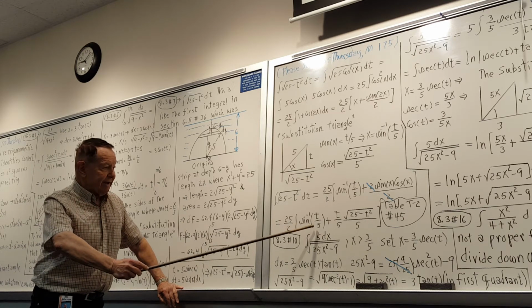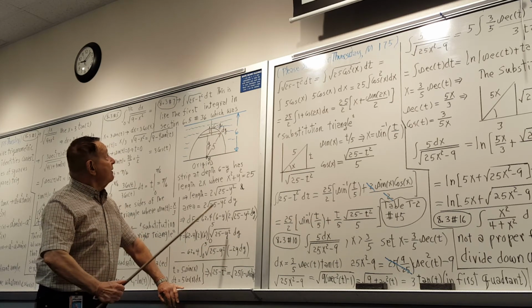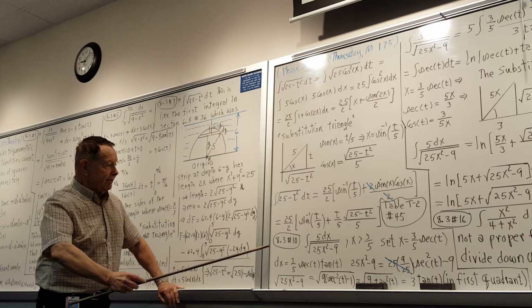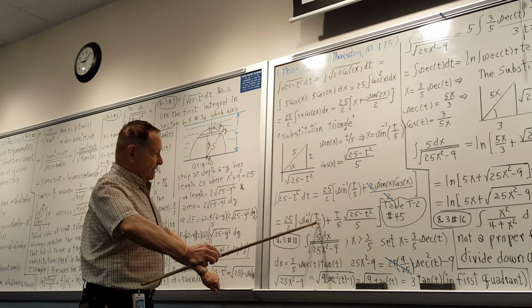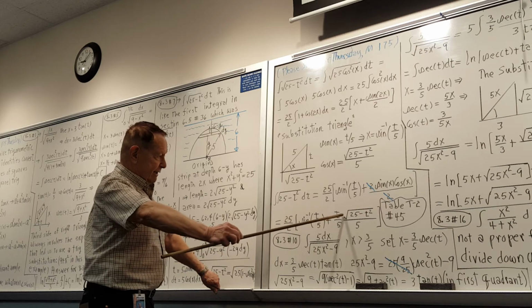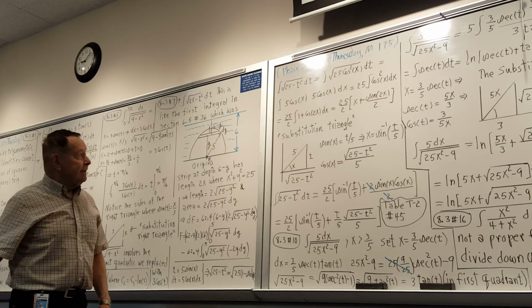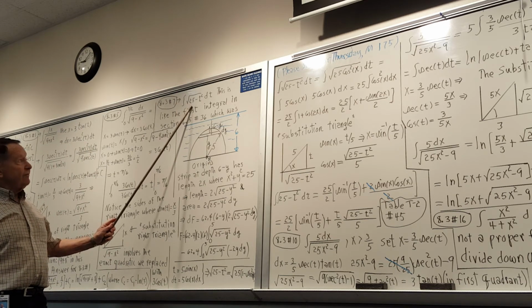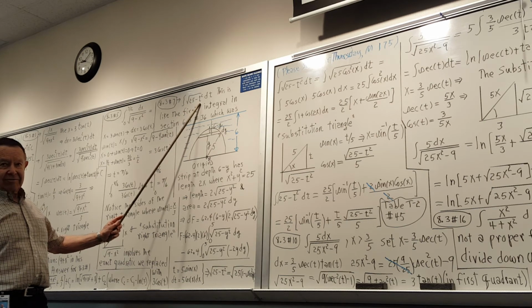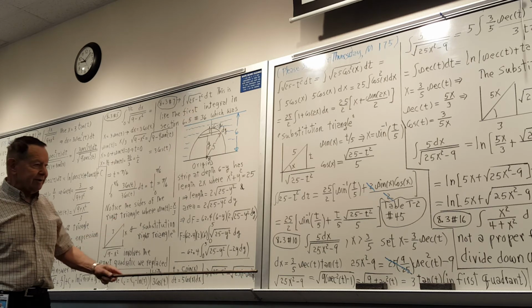So then finally, you could go on from there. This was an indefinite integral, so you would just be leaving it with the arc sine in terms of the original variable. In formula 45, instead of 25 minus the squared variable, it's a square minus the squared variable.